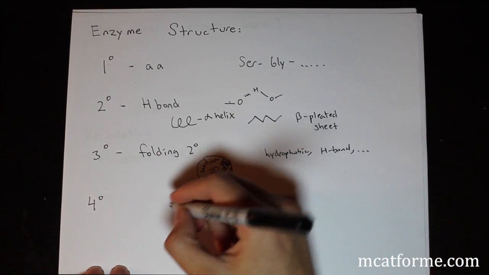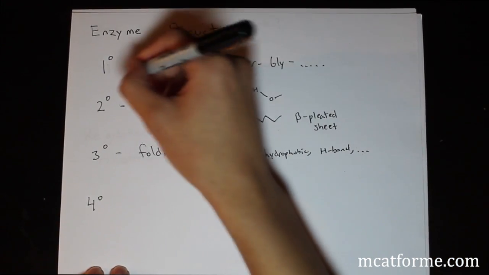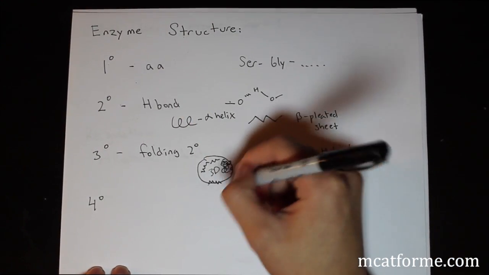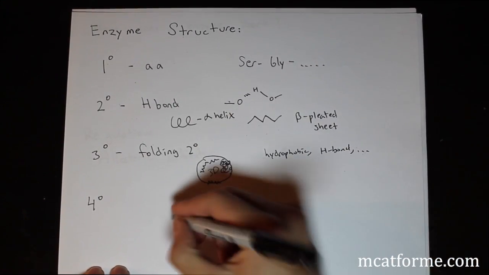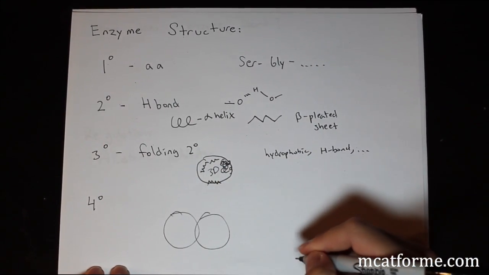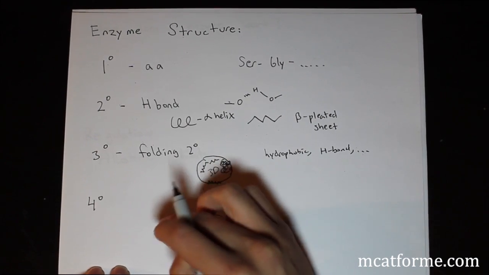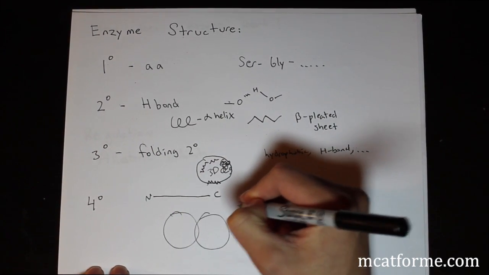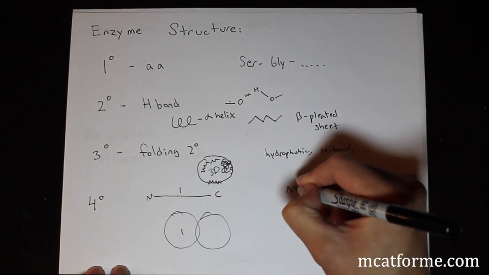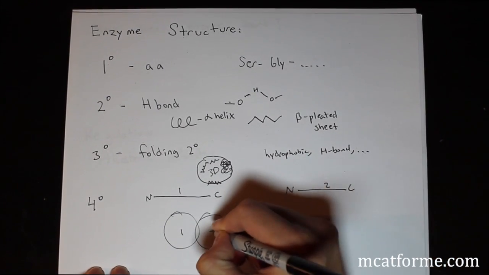So what would quaternary structure look like? Well, this was one entire amino acid chain, just one chain, no breaks. If we had two of them together, so this was one chain of amino acids, N all the way to C, that's the first chain, and then another N to C, that's the second chain.